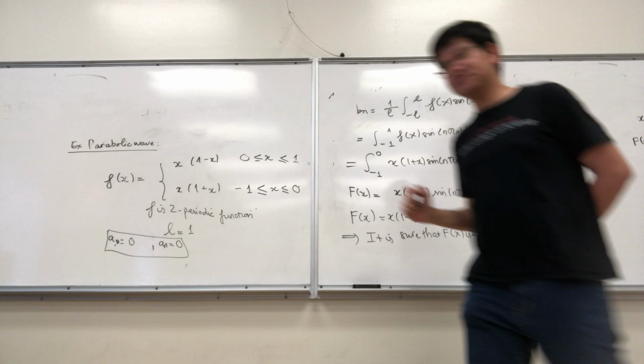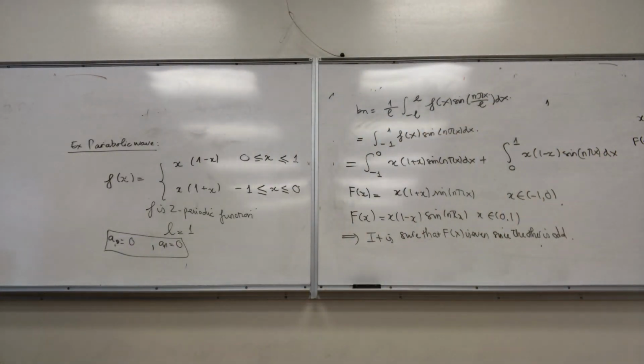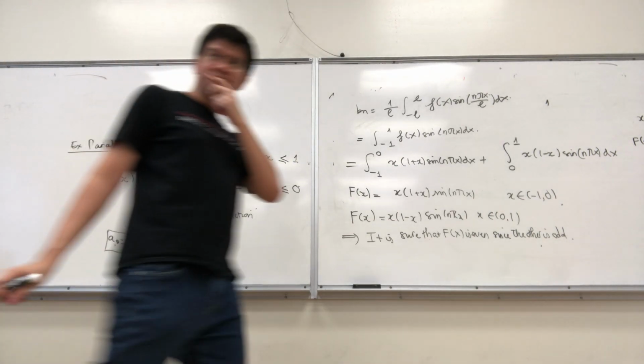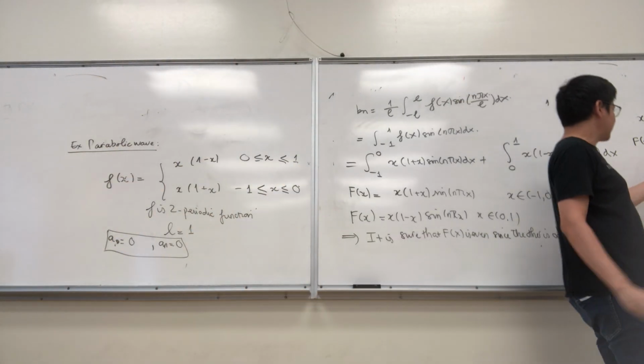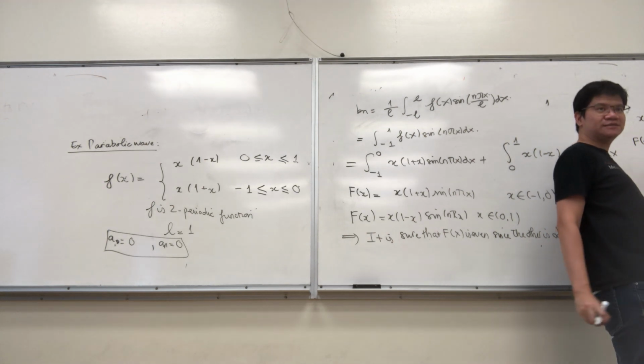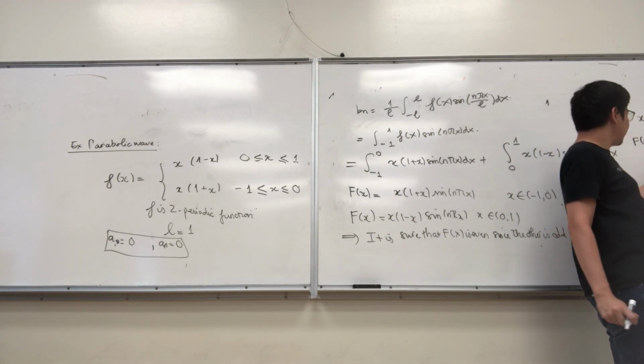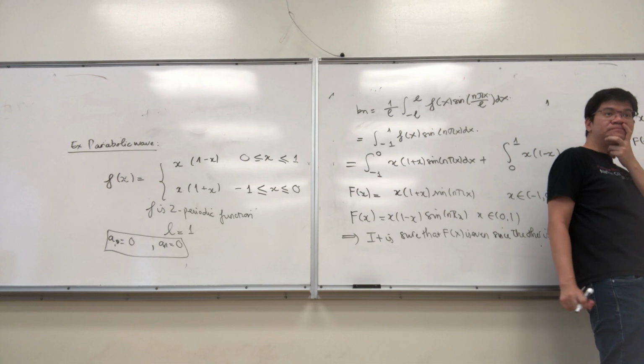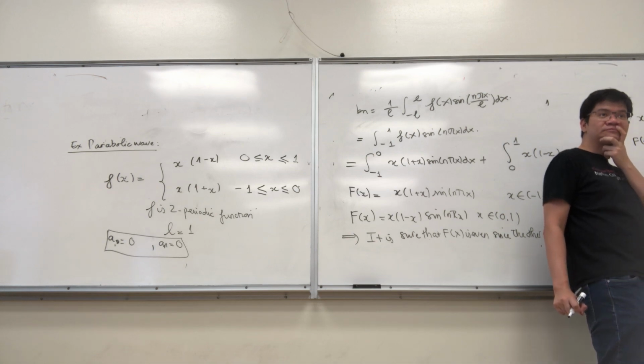So to check that this is even, how can I do it? Yes, so you're gonna try f of minus x. So here I'm gonna replace x with minus x.